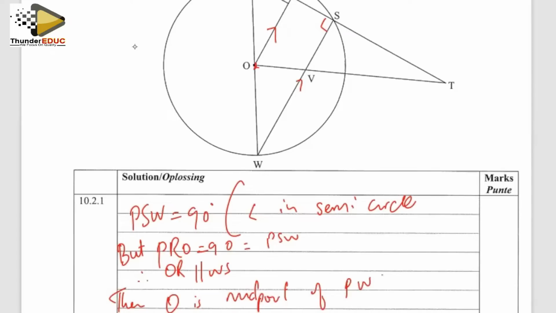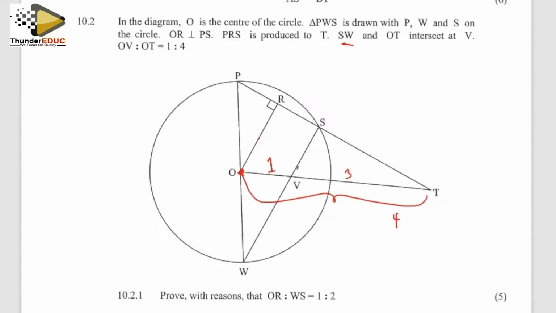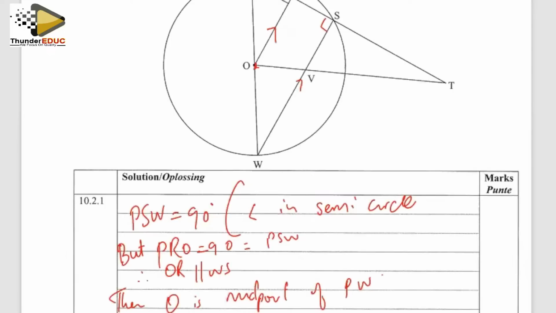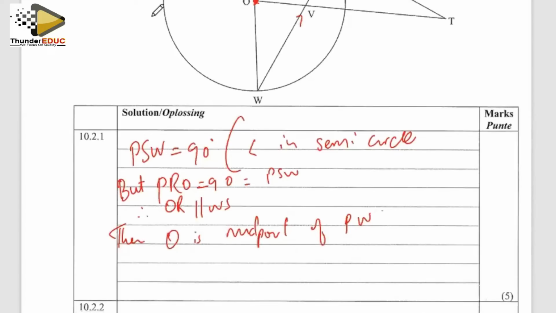Then we know that from the midpoint theorem, okay, what did that theorem tell us? That a line drawn parallel to one side of a triangle divides the other two sides proportionally. In other words, if this is a midpoint, then even this is going to be a midpoint. So we're saying that OR is parallel to that.